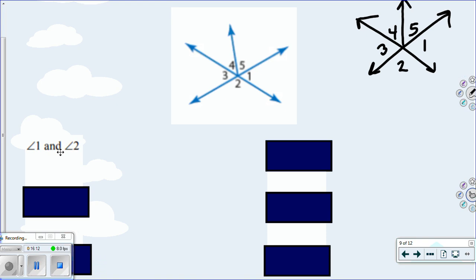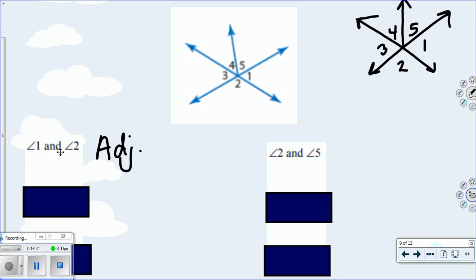Two more. Angles 3 and 5 are neither. And our last one is angles 1 and 4. They are neither as well. We will discuss this a little bit after lunch. Make sure you have it copied down. Once you're done, move on.